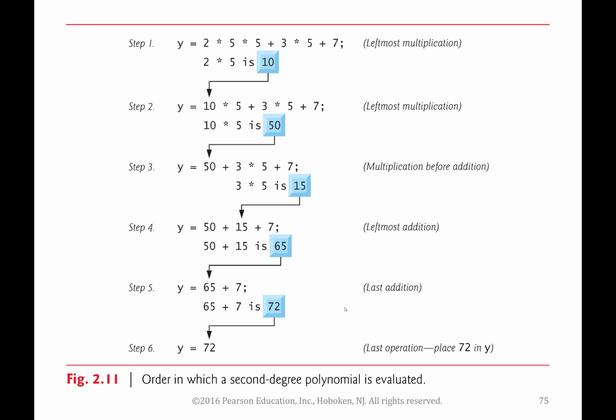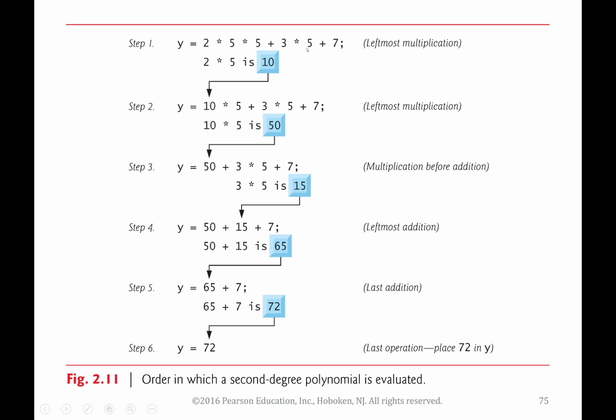So this is an example. I'm not going to go through it, but it shows an equation without parentheses, and the order in which things are done. I would go through it with my non-working pen, but it's going to multiply first: the 2 times 5, then 5 times 5, then over here the 3 times 5.